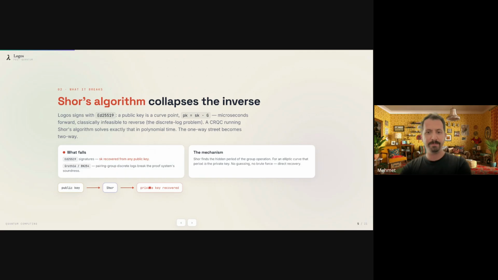The other cryptographic algorithm we use in Logos is Groth16, which is a proof system, and it also relies on the discrete logarithm problem. If there is a high-scale quantum computer, we also have a problem regarding the Groth16 protocol.